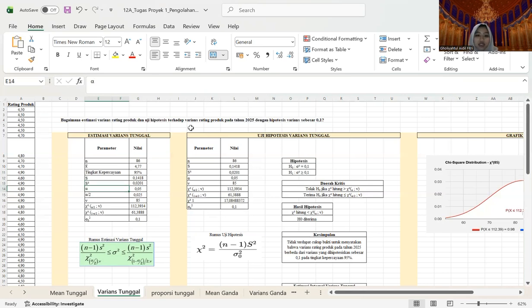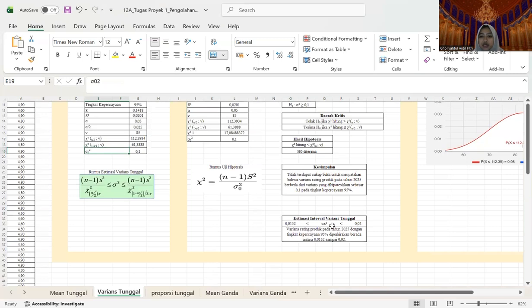The significance level is 0.05, alpha over 2 is equal to 0.025, degrees of freedom is 85, chi-square table upper is equal to 112.3934, and the chi-square table lower is equal to 61.388, and the hypothesis variance is equal to 0.1.